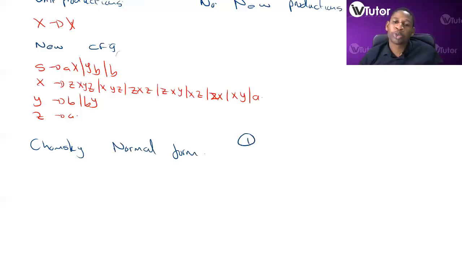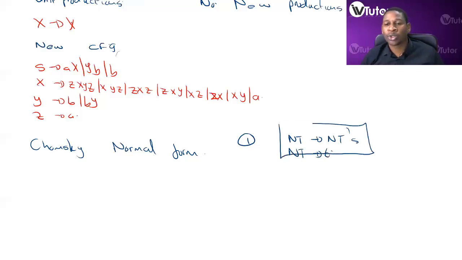One, we're going to put all the productions in the form of a non-terminal going to non-terminals only, or a non-terminal going to exactly one terminal. If a production is not of this form, then we're going to convert it to one of that form. So how do we do that?